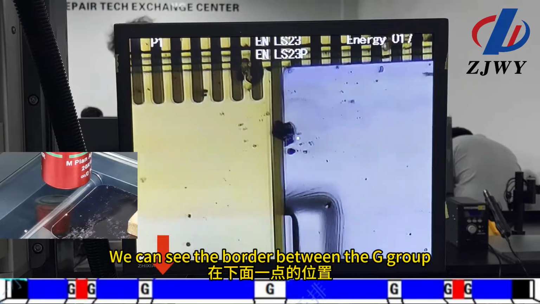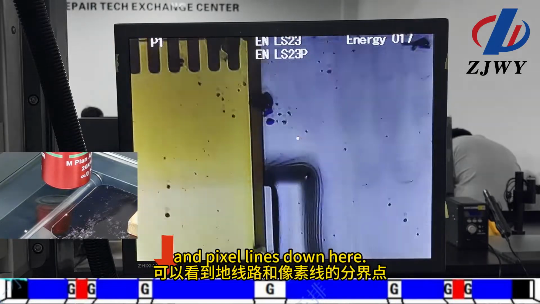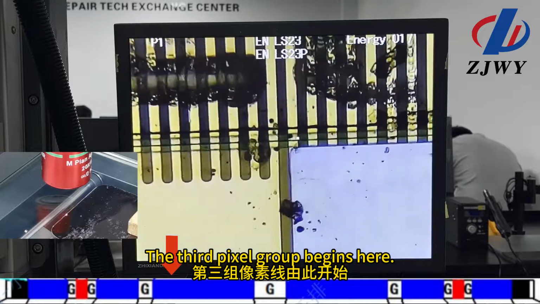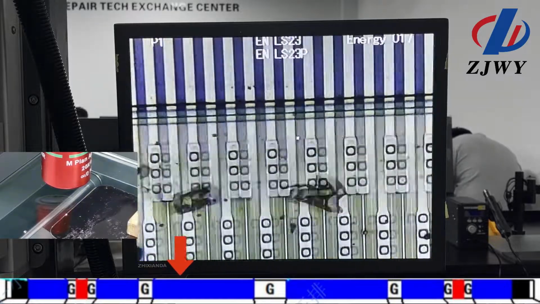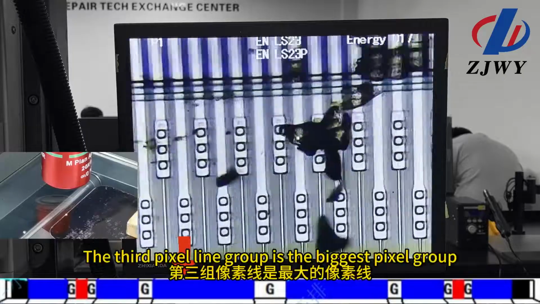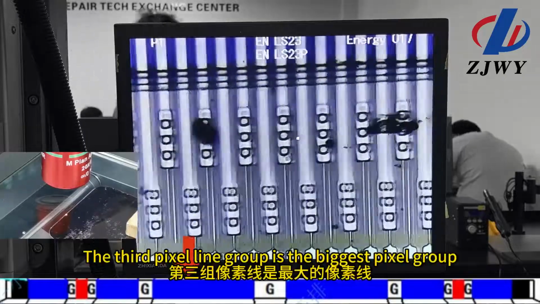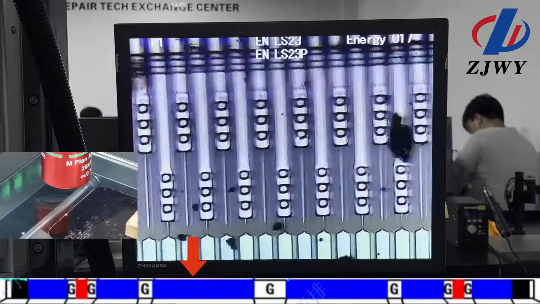We can see the border between the G group and pixel lines down here. The third pixel group begins here. The third pixel line group is the biggest pixel group. It ends up with a G group.